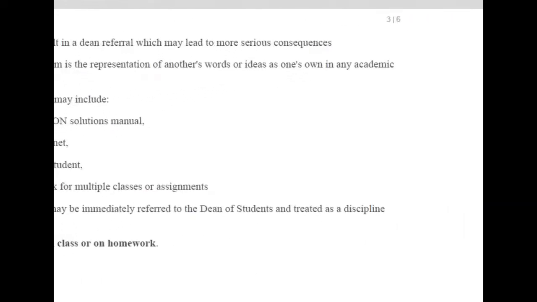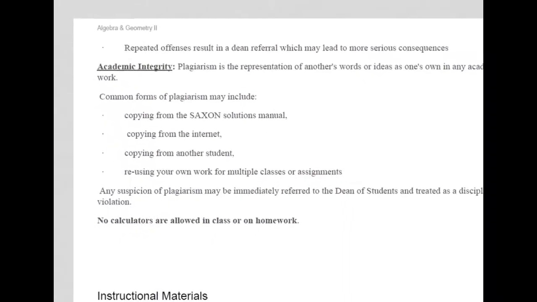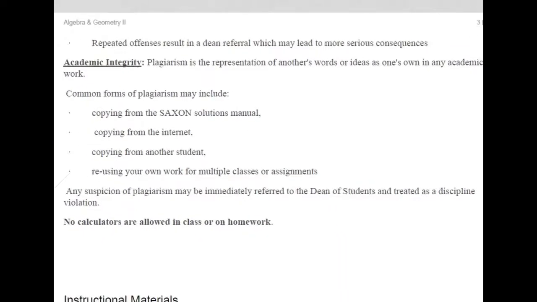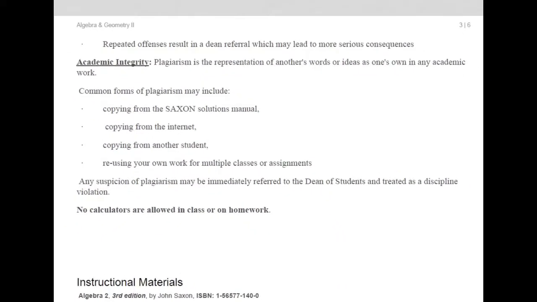And if it's a serious problem, if it keeps on happening, you may be referred to the dean. Okay? If it's an ongoing chronic problem, I might need to send you to the dean to deal with the issue. All right, maybe a dean referral there.